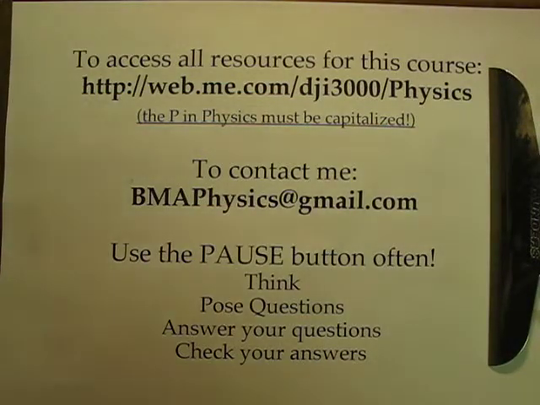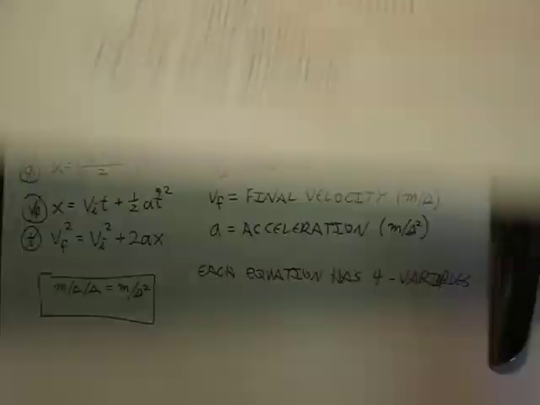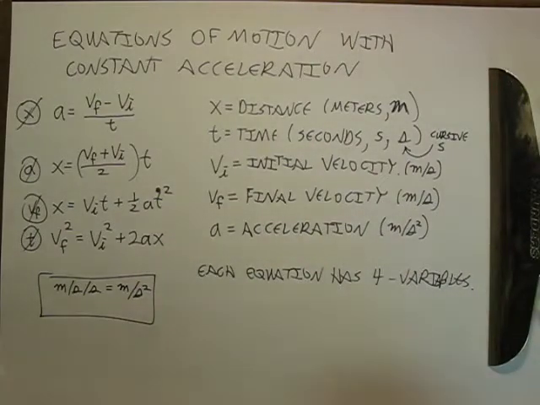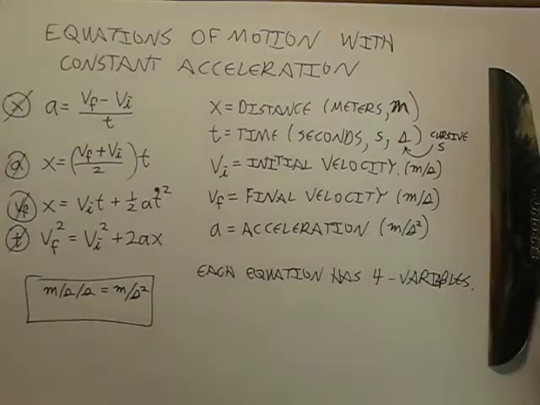Okay, so we are still doing Chapter 2 example problems, and we are still using the equations of motion with constant acceleration, and we are still working on what I did when I was driving my car.